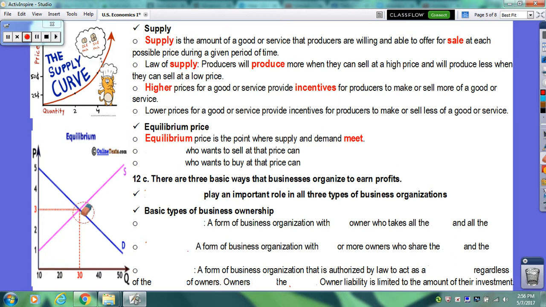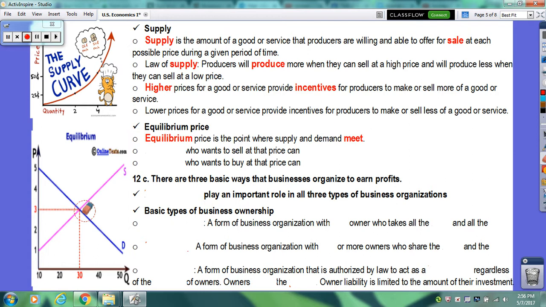As a business, you want to have your price be as close as possible to the equilibrium point. It may not be possible to have it perfectly line up all the time, but you really want to try to go for that, because that way you will be able to provide your product to as many people as possible to earn a good profit.